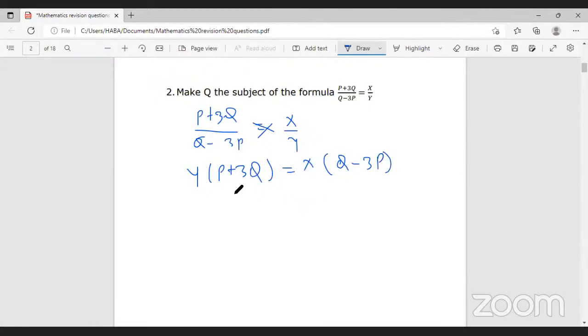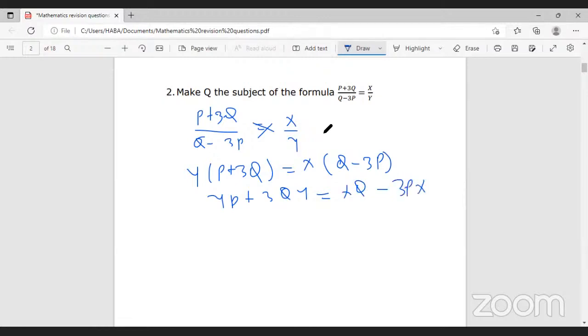Y times P is YP. Then Y times 3Q is 3QY. X times Q is XQ. Then X times 3P, minus 3PX.